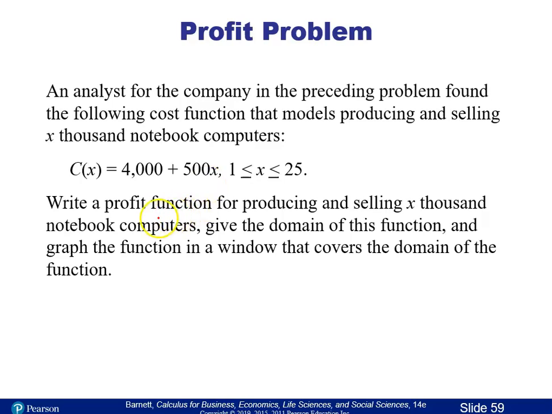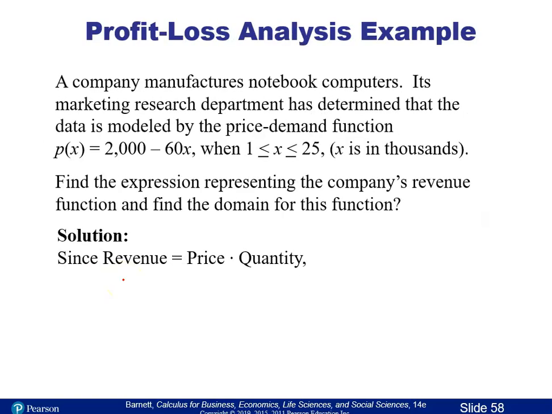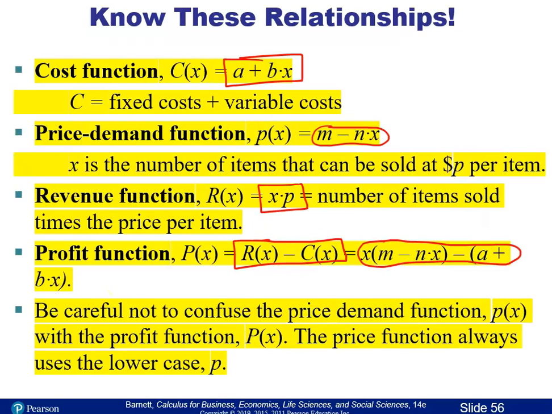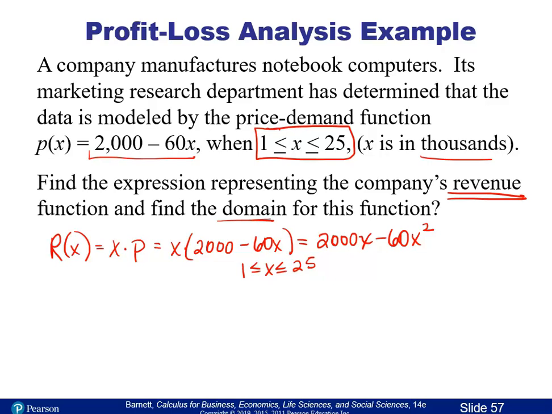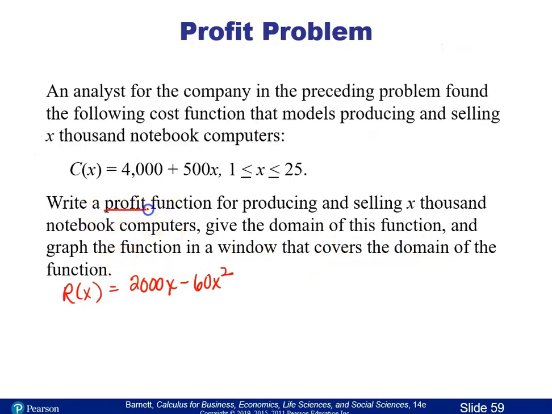Okay, so same problem here, but we're given the cost, okay? So it says write a profit function. So we figured out what our revenue was on the last slide. So our revenue, we go back to that, was the 2000x minus 60x squared. Okay, so we're asked to find profit.